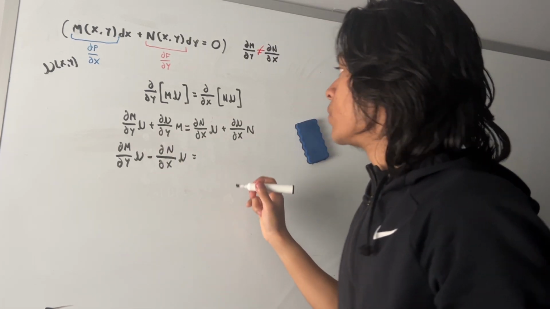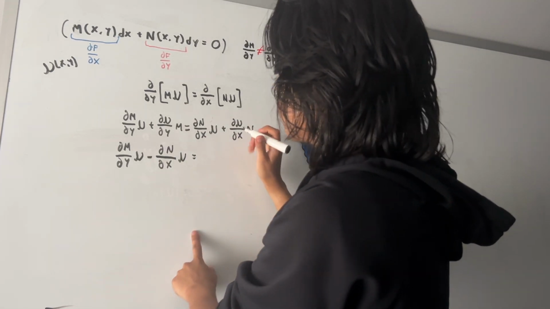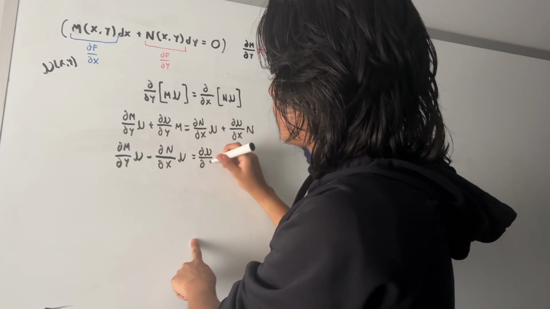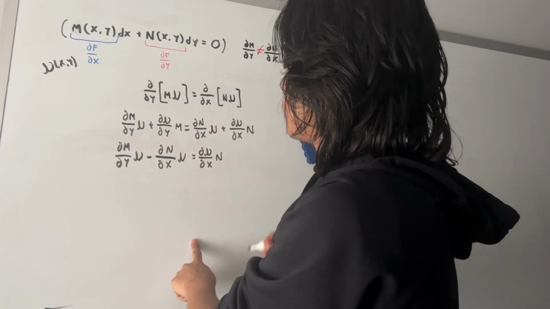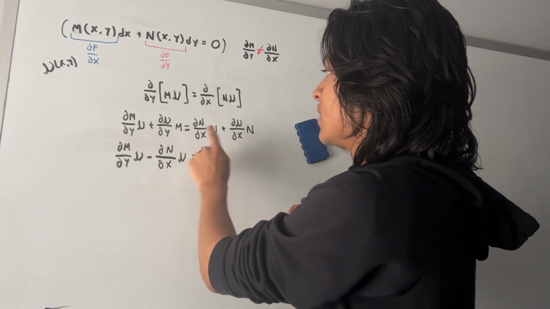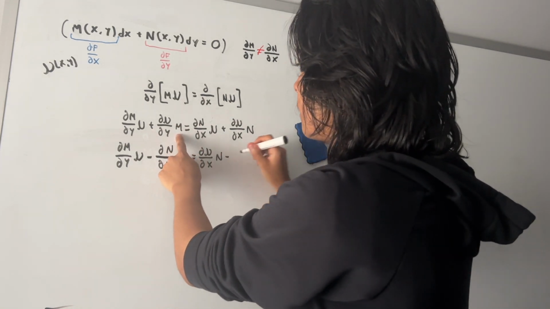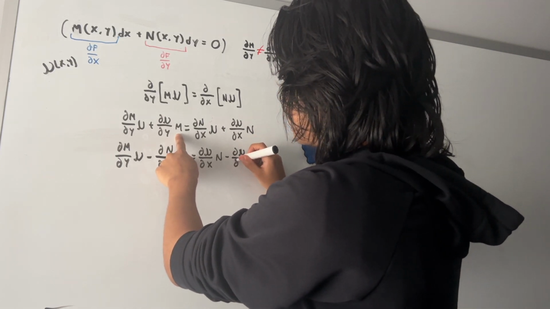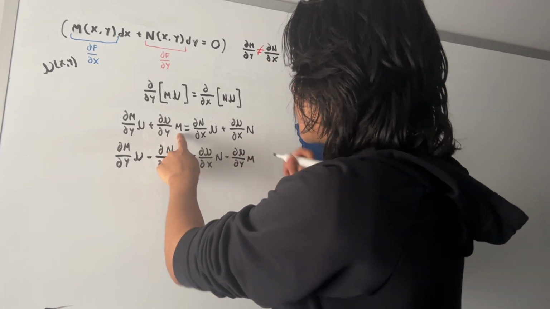This is going to be equal to this, partial u partial x times N. Then we're going to subtract this term right here, so minus partial u partial y times M.